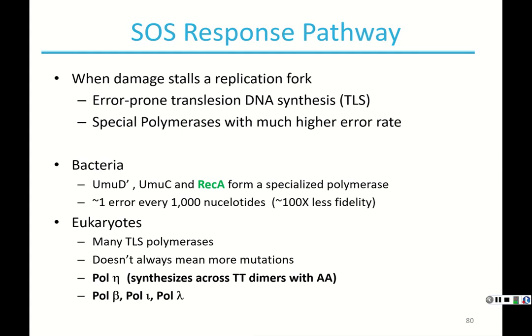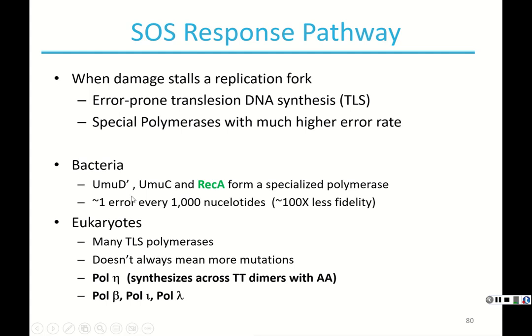Introducing errors is bad, but if the replication fork stalls and it can't replicate, that's even worse, okay? Having half a chromosome synthesized is much worse than having one that has more errors in it. So they use these polymerases that introduce more errors.